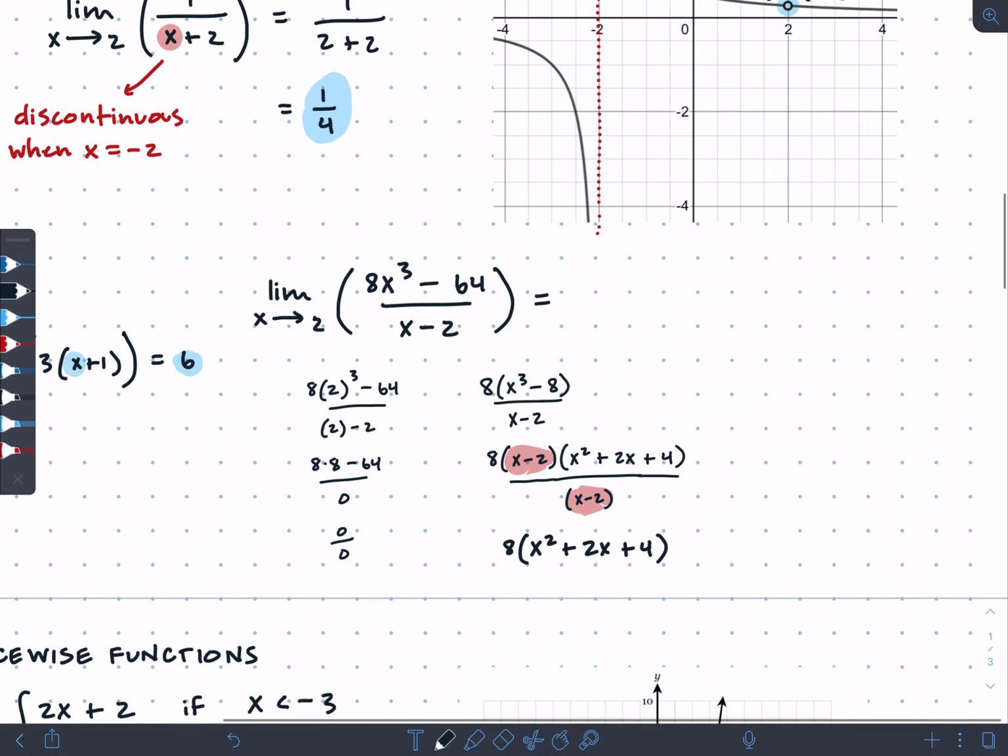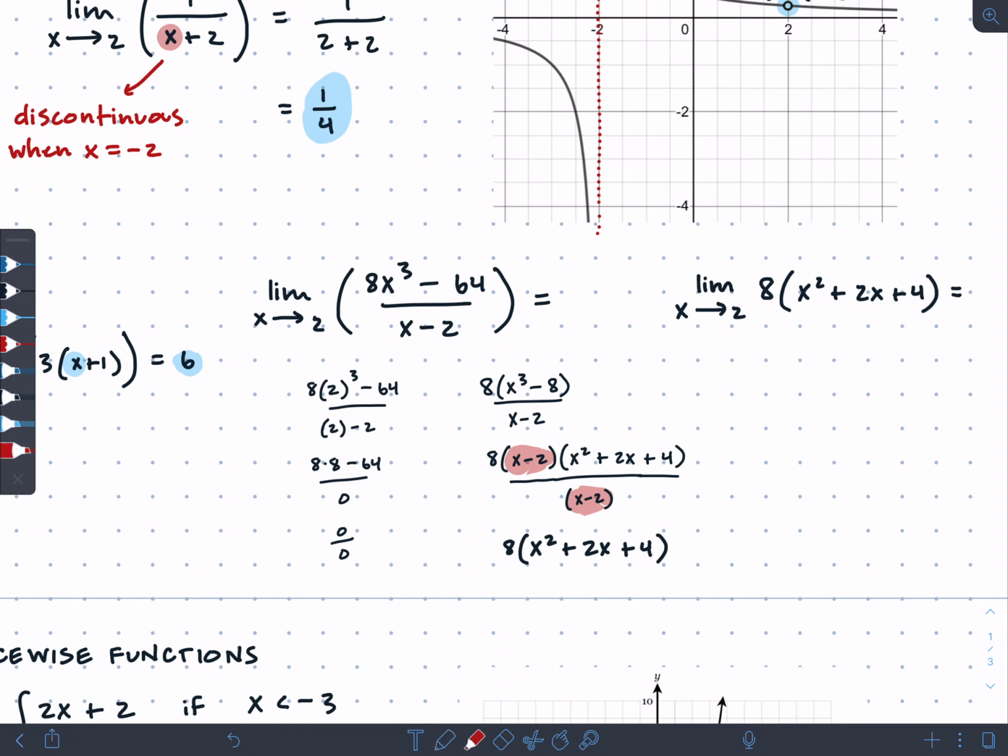So now that I've simplified, that's the limit that I'm taking. The limit as x approaches 2 of 8 times x squared plus 2x plus 4. And I can find that just by plugging everything in.